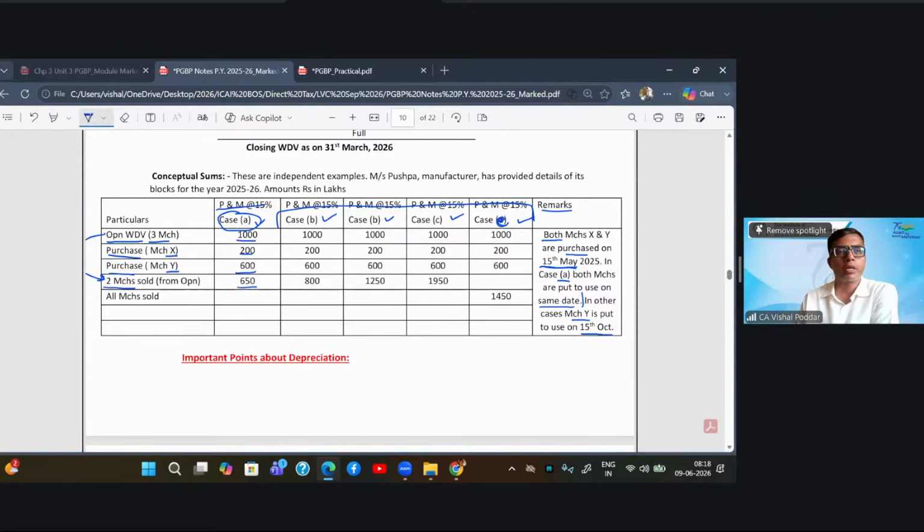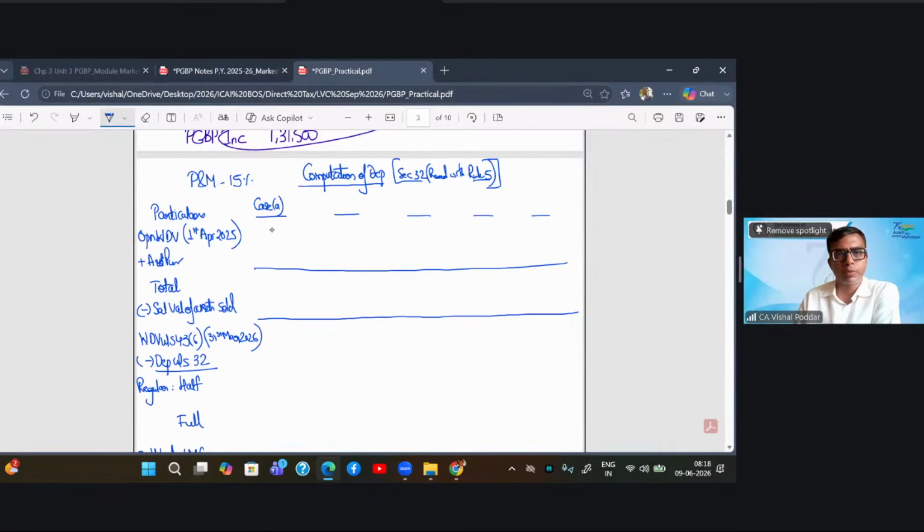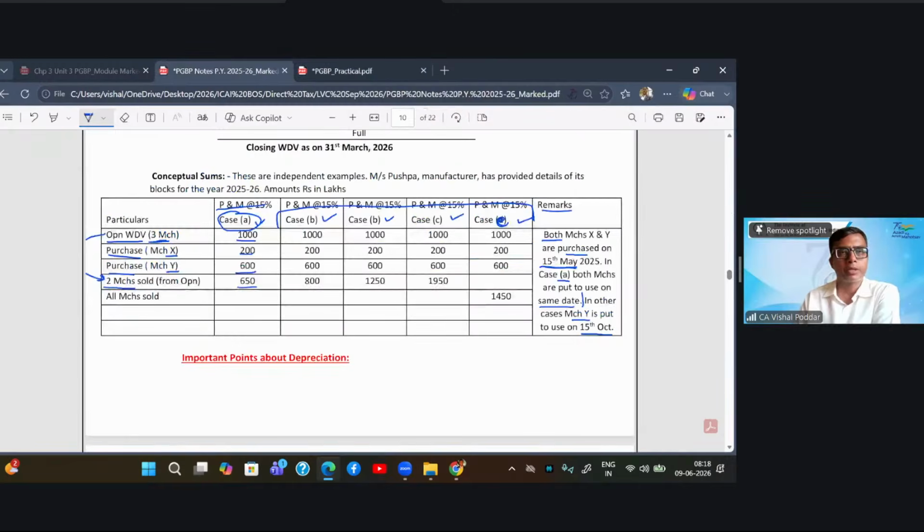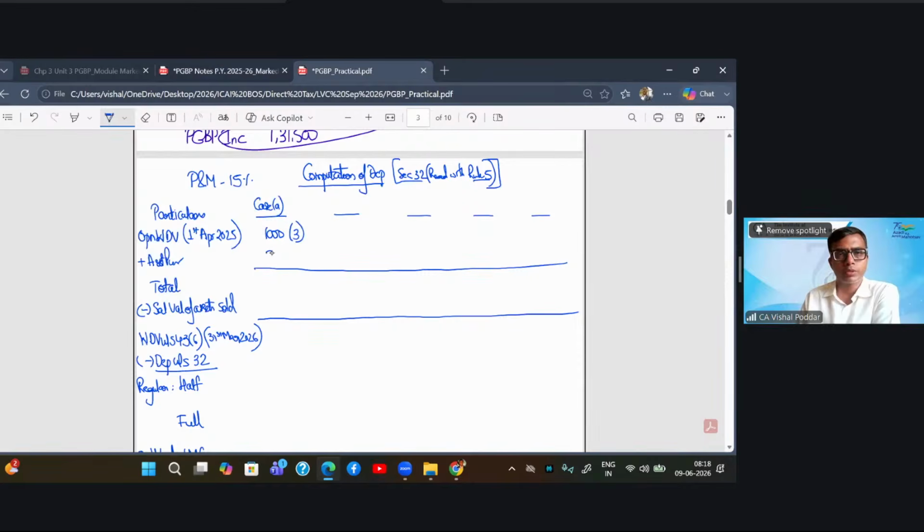You have opening 3 machines, value 1000 rupees, and you have purchased 2 different machines, total value is 800. So opening is 1000 for 3 machines, and purchase is 200 plus 600. So total is 800, which is of 2 machines. Total is 1800, which is of 5 machines.